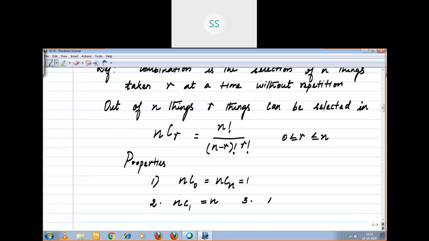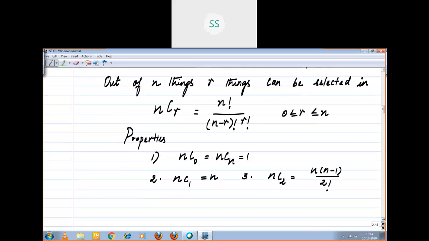Property number 3: nC2 equals n into (n minus 1) divided by 2 factorial. Keep these properties in your mind; it is easy when it comes under the sum. Property number 4: nCx equals nCy, either x equals y or x plus y equals n.